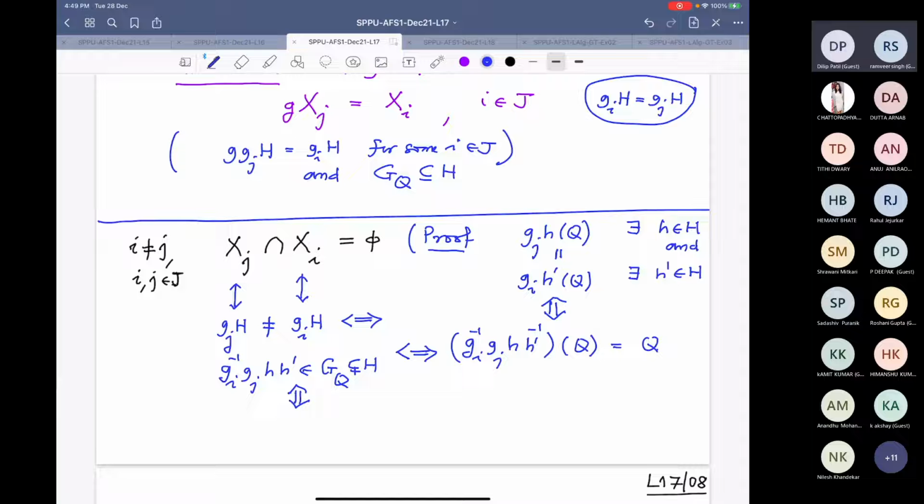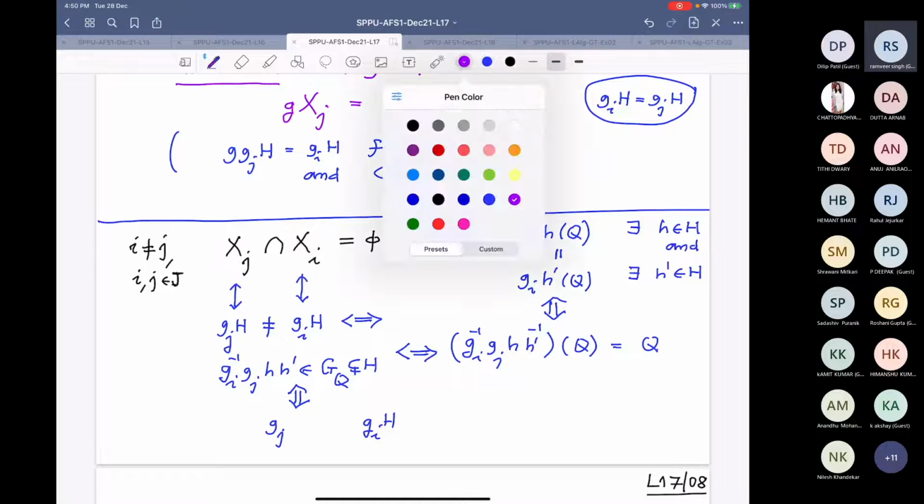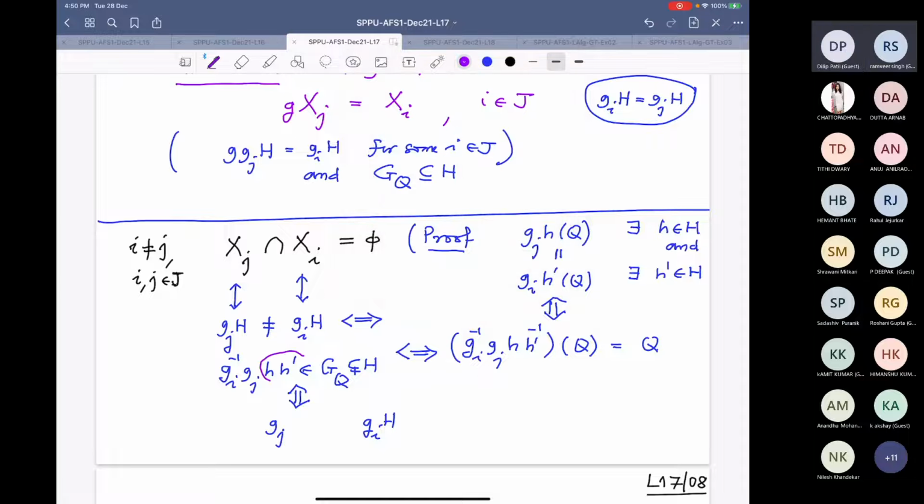I multiply by Gi. So GiH and GjH. This is already in H. So this is equivalent to saying GjH equals GiH.